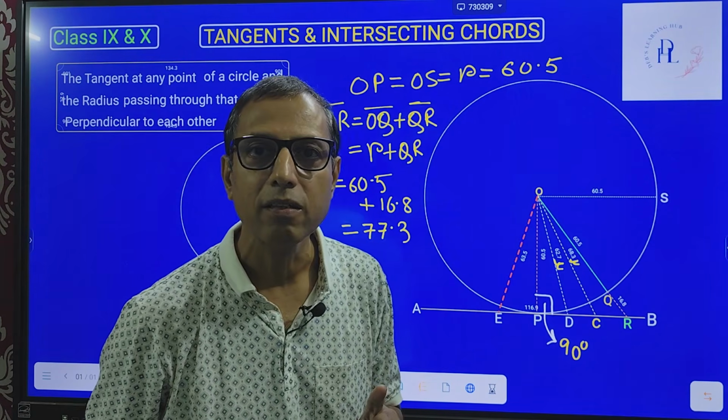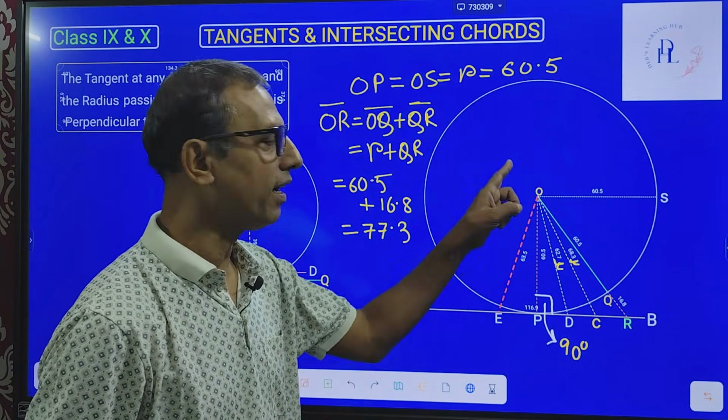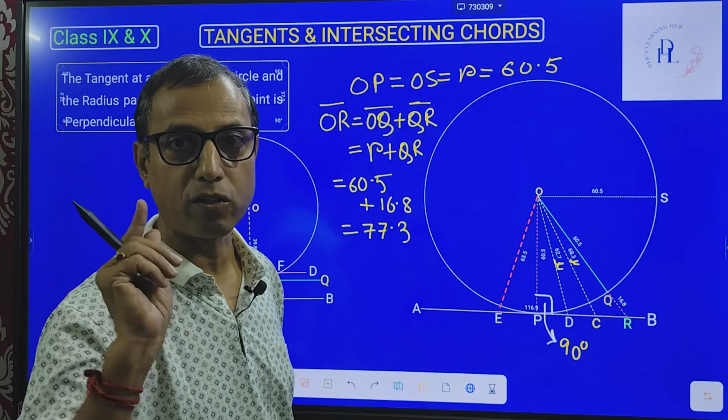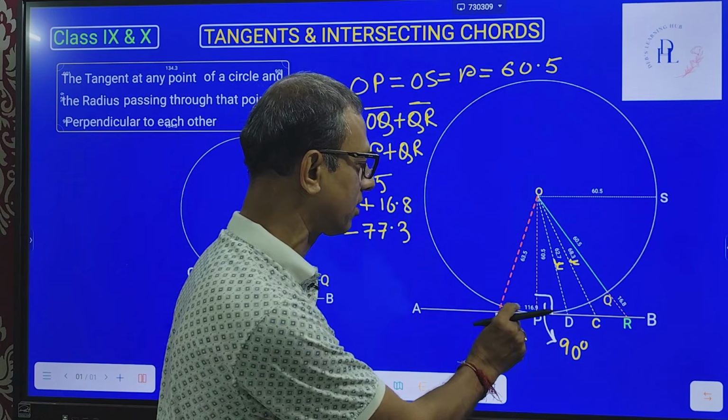That means this radius, where it is meeting the tangent, not intersecting, I will say, because it is touching.